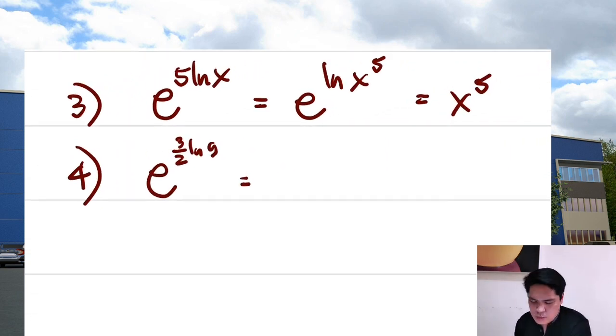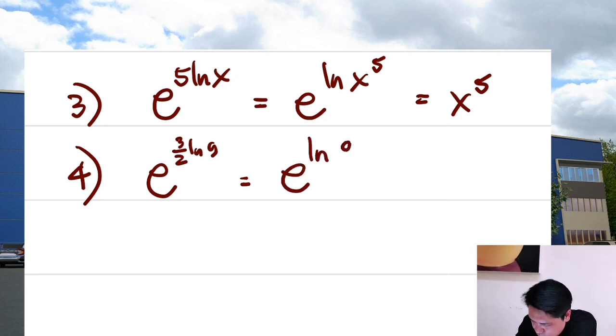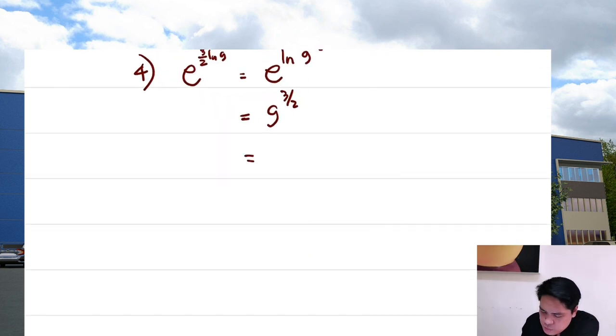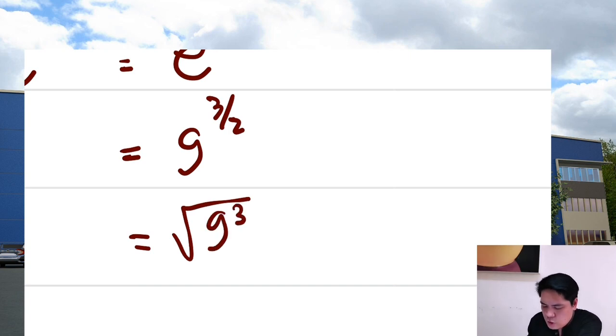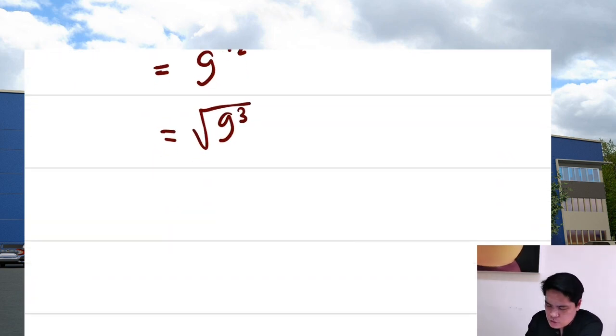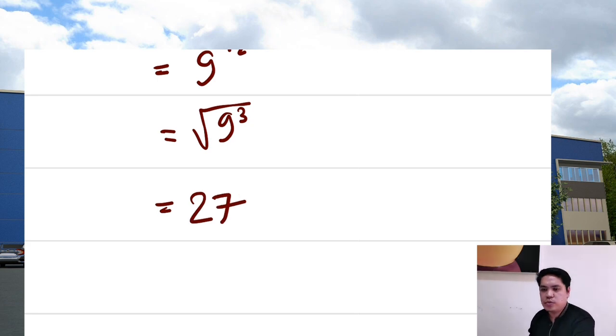And ln 9 could be ln 3 squared. It can be that. Or, just use exponential ln 9 raised to 3 halves. So, the answer is just 9 raised to 3 halves. And 9 raised to 3 halves would be square root of 9 raised to 3, right? The square root of 9 is 3, raised to 3, that's 27. So, the answer is 27.